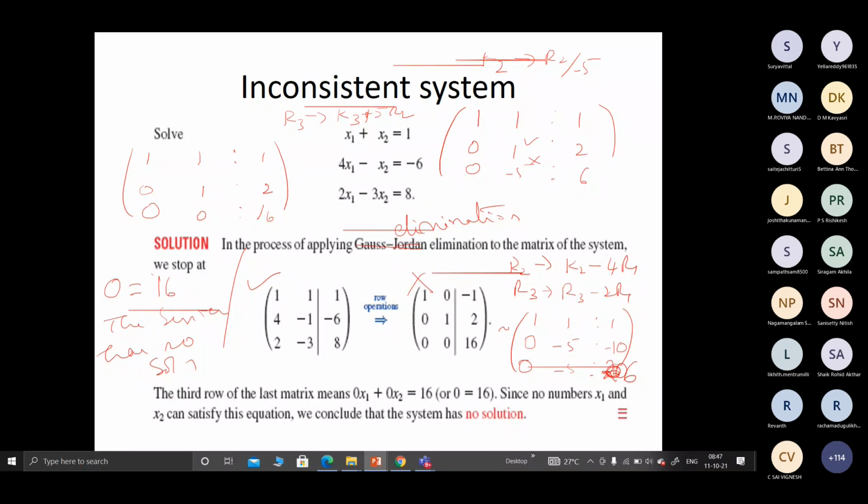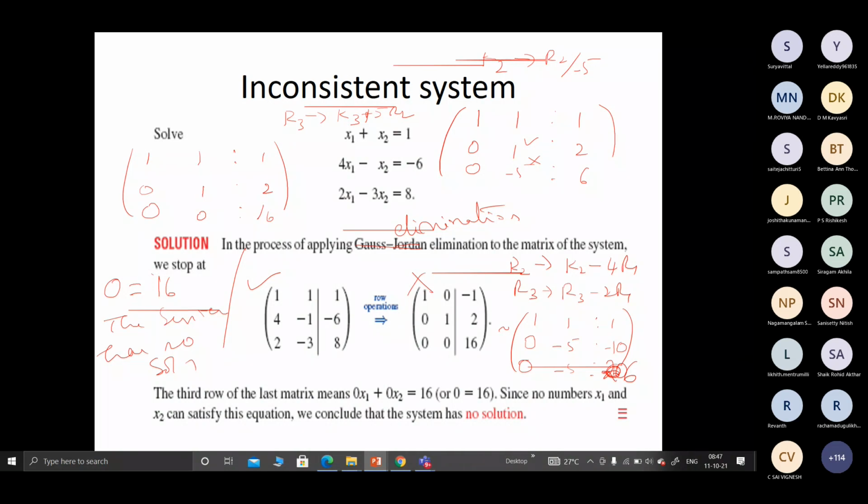Now, if the last row is fully zeros, then the system possibly may have infinitely many solutions. If it's not completely zeros, then no solution. Definitely, that will be a problem. So like this.